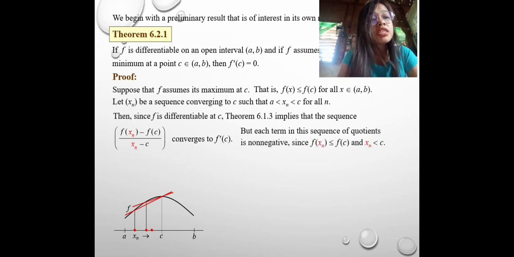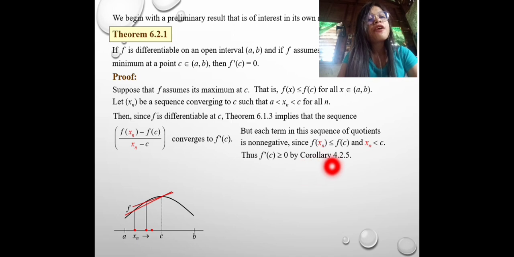But each term in this sequence of quotients is non-negative, since f of x sub n is less than or equal to f of c and x sub n is less than c. Thus, f prime of c is greater than or equal to 0 by corollary 4.2.5.